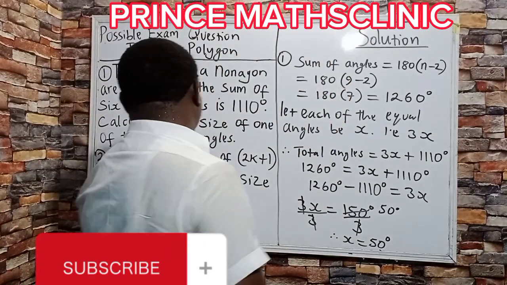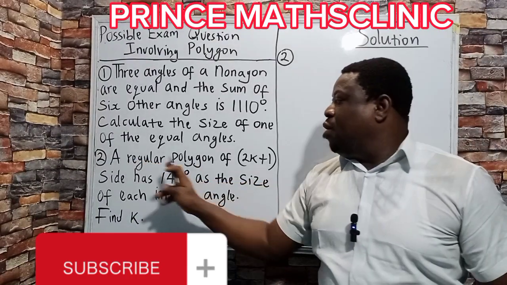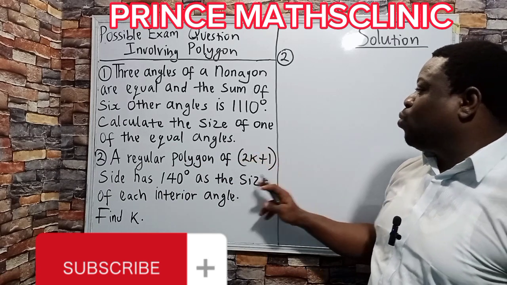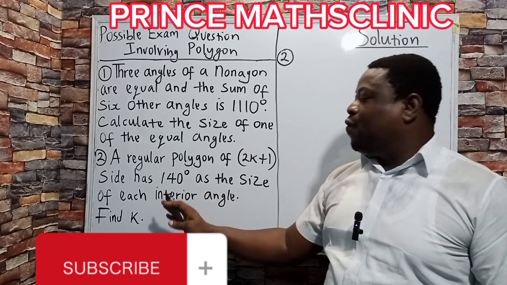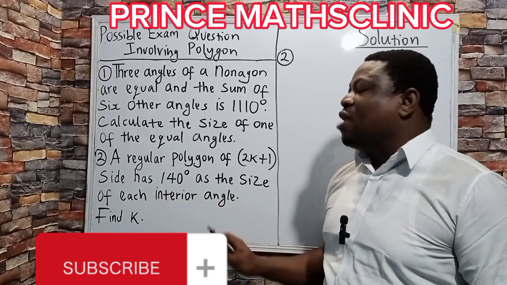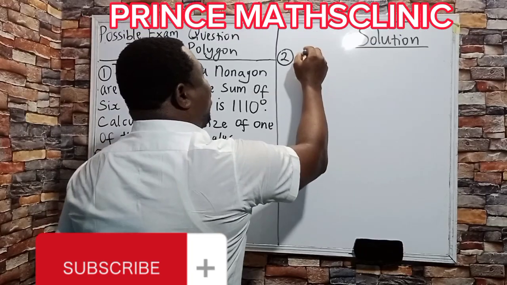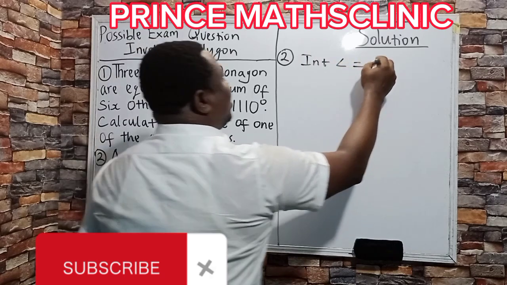Let's look at the second question. A regular polygon of 2k plus 1 sides has 140 degrees as the size of each interior angle. We have to find the value of k. We know that our interior angle is given by 180 times n minus 2 over n.